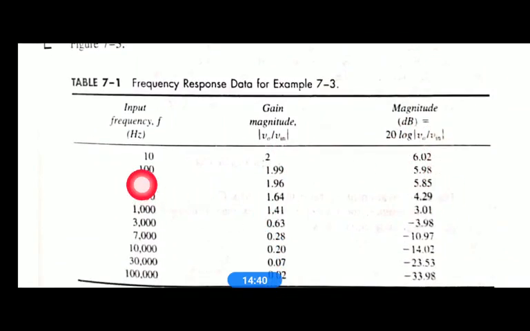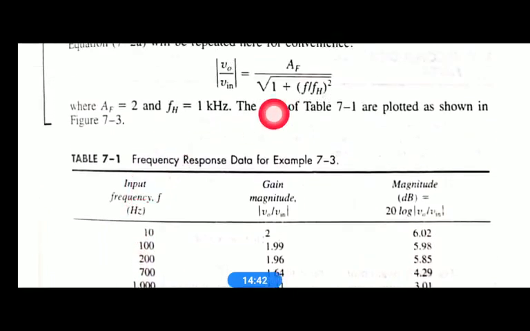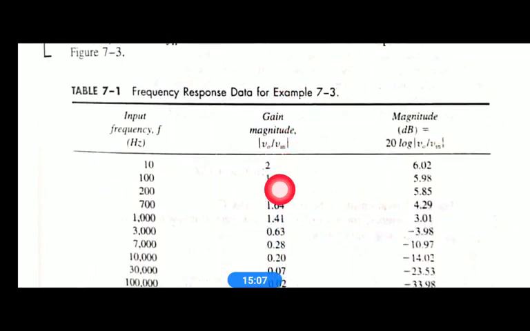Similarly for 100, if you put f as 100 and take fH as 1 kilohertz, square the ratio, add it to 1, take the square root, and divide AF, which is 2, by this value, it will give you 1.99.